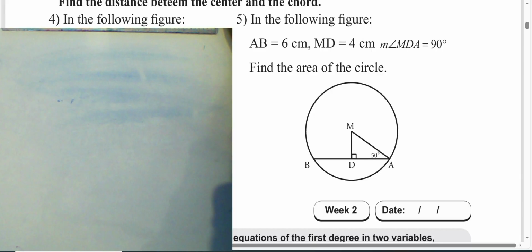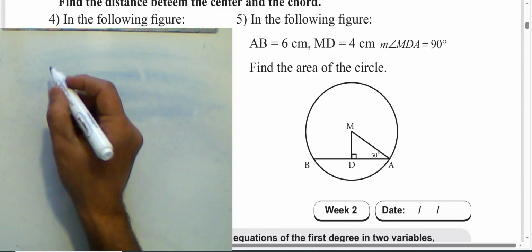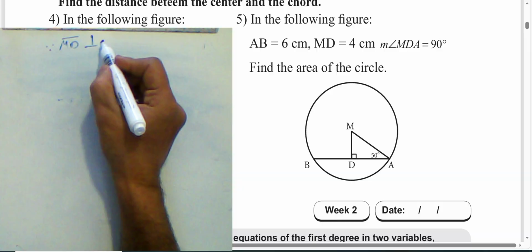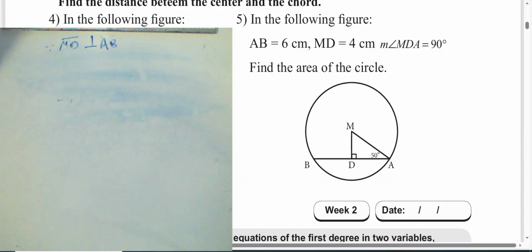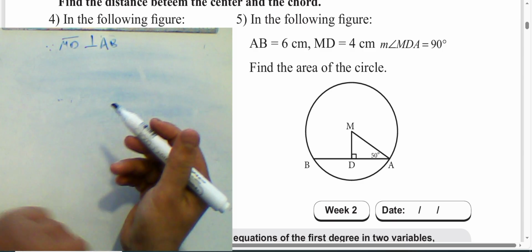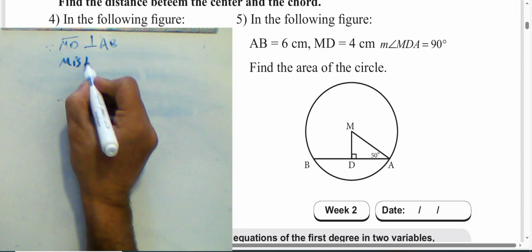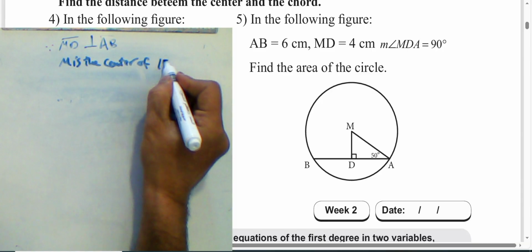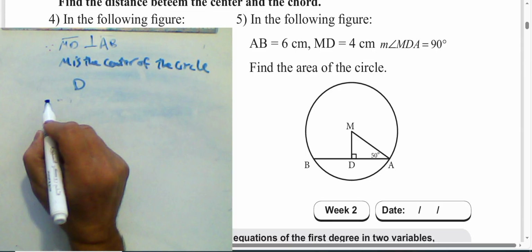We can find the radius MA from the Pythagorean theorem, because the measure of angle D equals 90, such that MD is perpendicular to AB, and also M is the center of the circle. Then D is the midpoint.